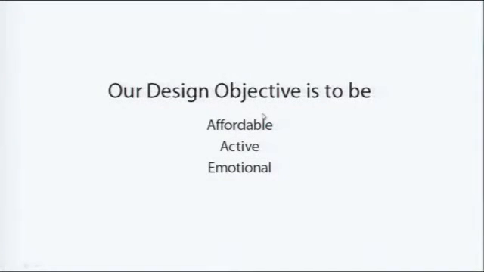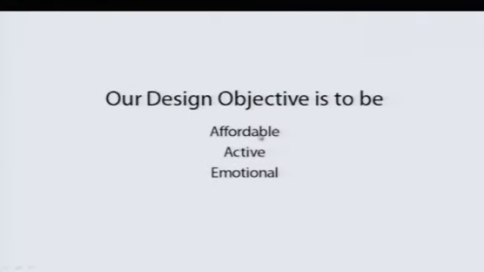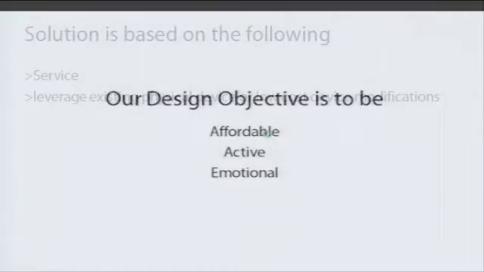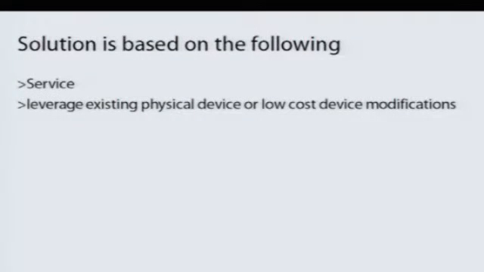In order to solve these problems, we are going to create an affordable, active, and emotional communication helper for them. Our solution is based on the following service and leverages existing physical devices or low-cost device modifications.